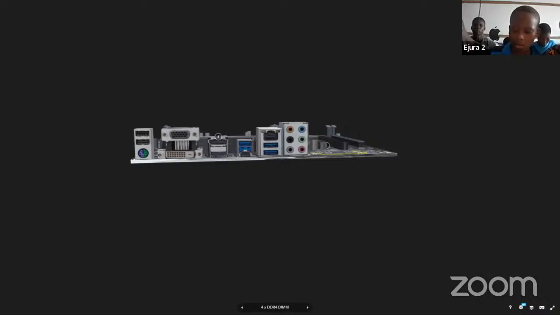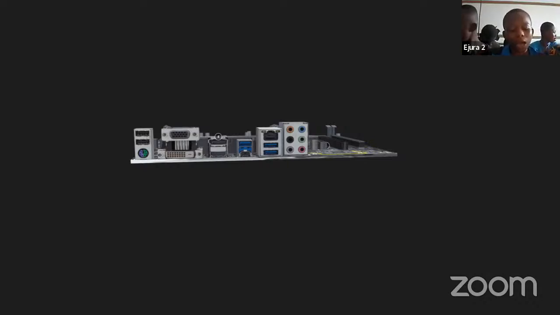RAM. The question again. What are the types of RAM?